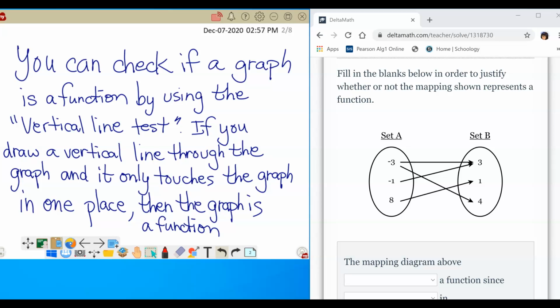So that means that this particular mapping diagram is not a function. Yes, -3 and -1 both map to 3, but that is not the problem. The problem is that the input -3 has multiple outputs, and that is not allowed in a function.